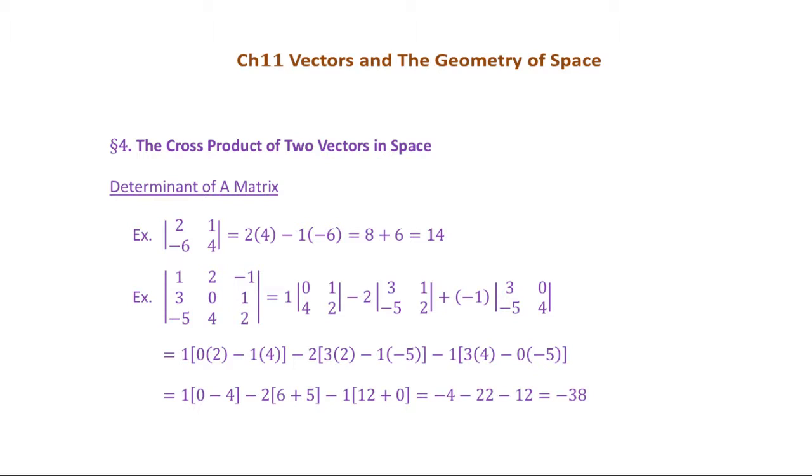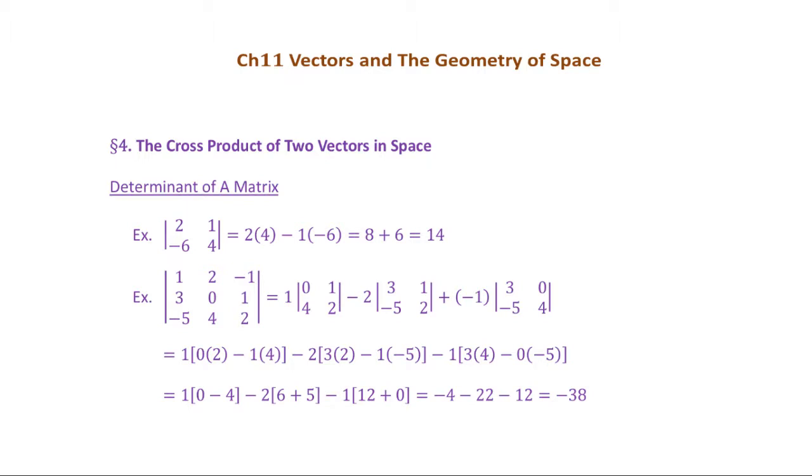Okay, so you just do the simple algebra a little bit. 0 times 2 is 0, 1 times 4 is 4, so you get 0 minus 4 in the first term, and 3 times 2 is 6, -1 times -5 is +5, so you get 6 plus 5 in the second term. And 3 times 4 is 12, and 0 times -5 is 0, so you get 12 plus 0 in the third term. And then you just simplify a little bit.